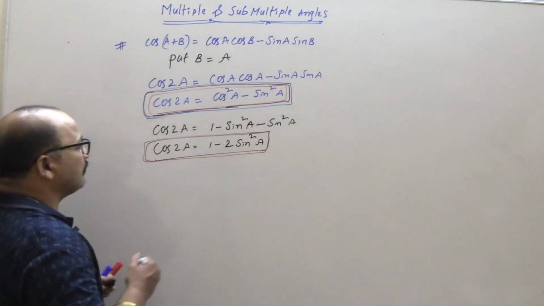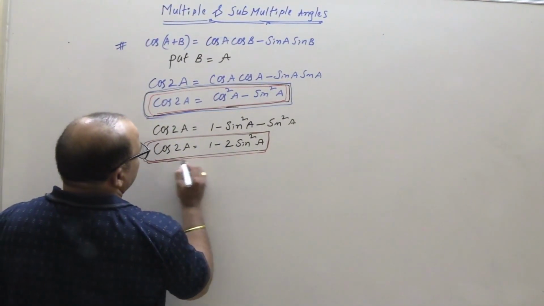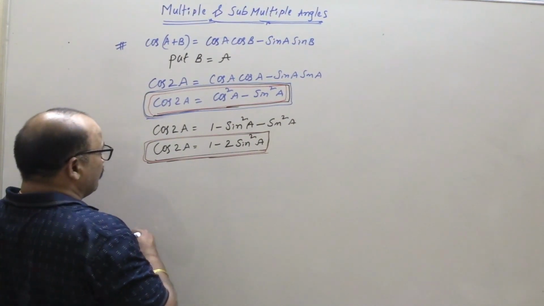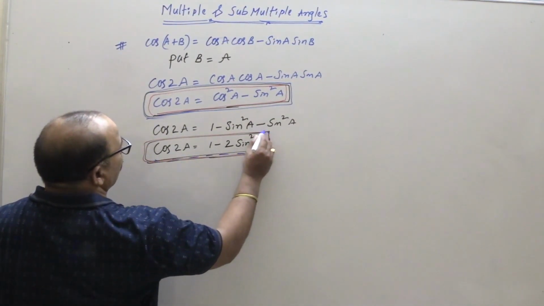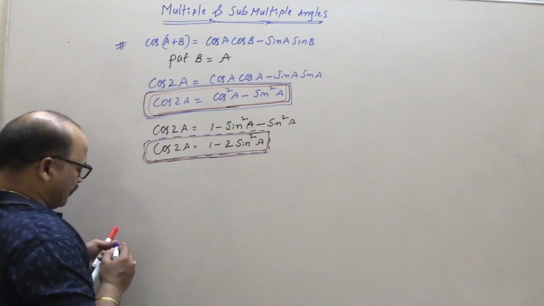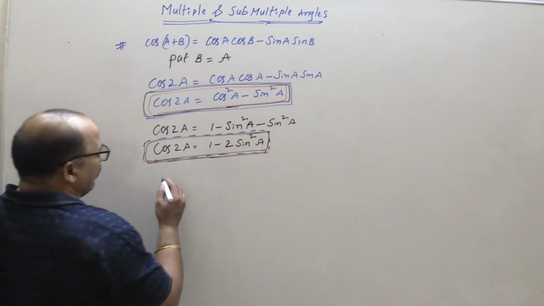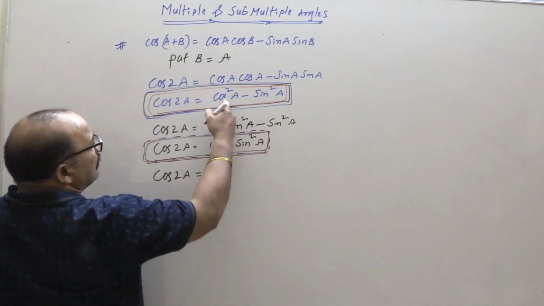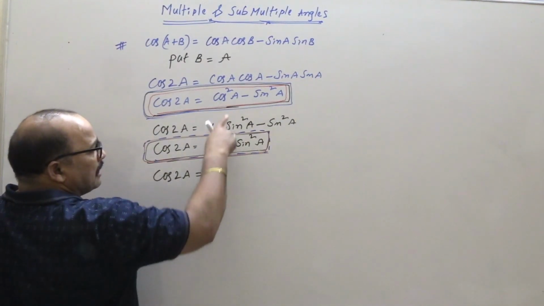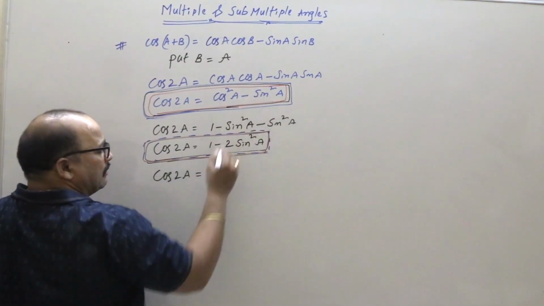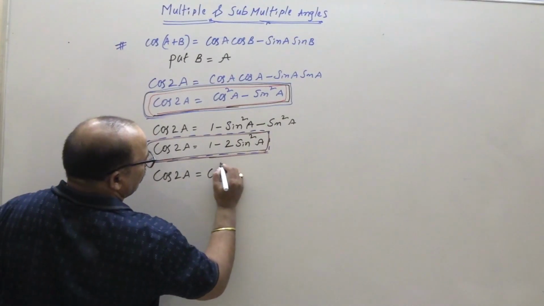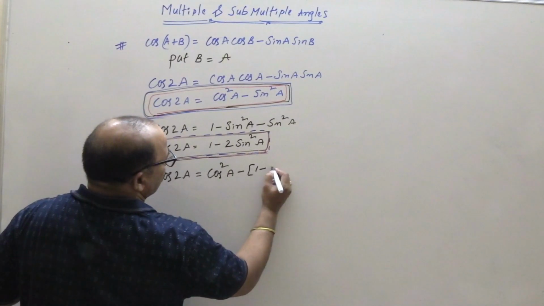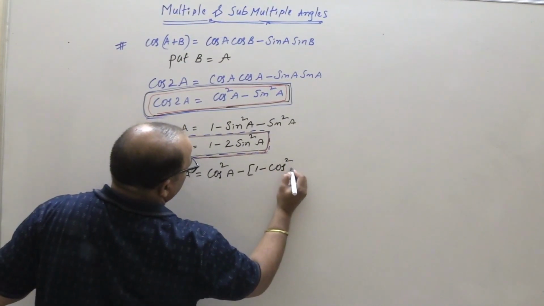Right. Next, students. Next one, in terms of cos. Cos 2a is equal to, again exclusively cos, I am asking. So sin I am going to break. Cos square a minus sin square a, sin square a can be written as 1 minus cos square a.